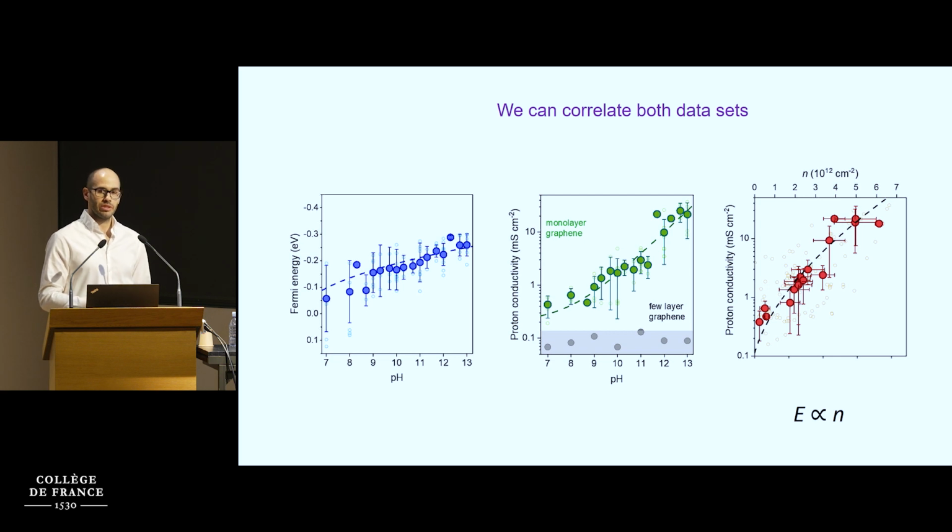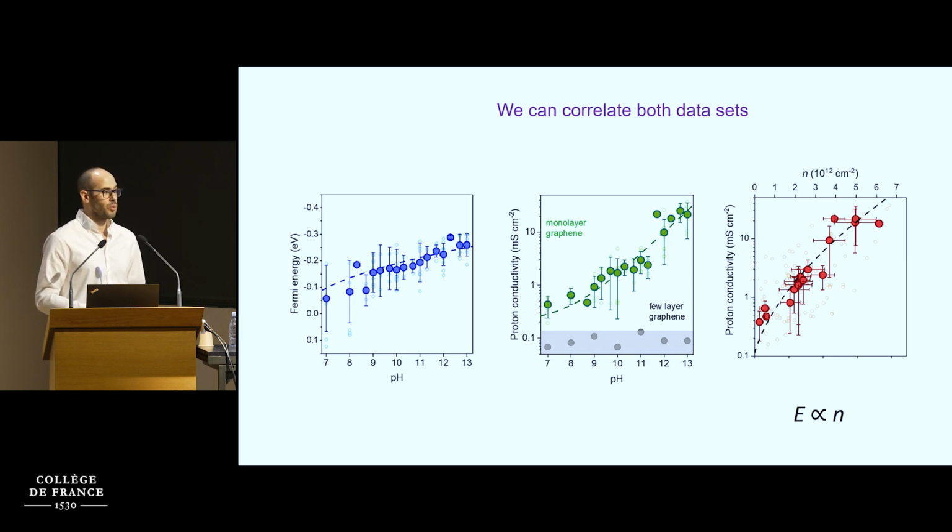Now, because we're measuring with 1 molar KCl at different pH, the diffuse layer becomes a very small contribution, and you can basically model this as a capacitor where the Stern layer contains all the potential drop. So because in a capacitor the electric field is proportional to charge carrier density, this tells you that the proton conductivity increases exponentially with the electric field. Again, that's as far as we can go experimentally, so we need a theory, because it would be nice to know the value of this electric field.